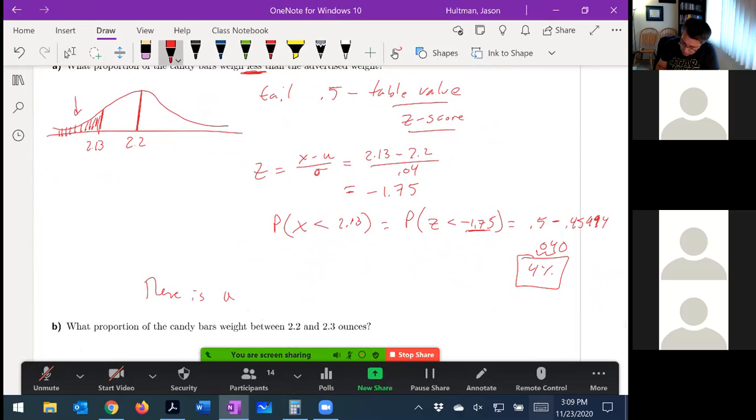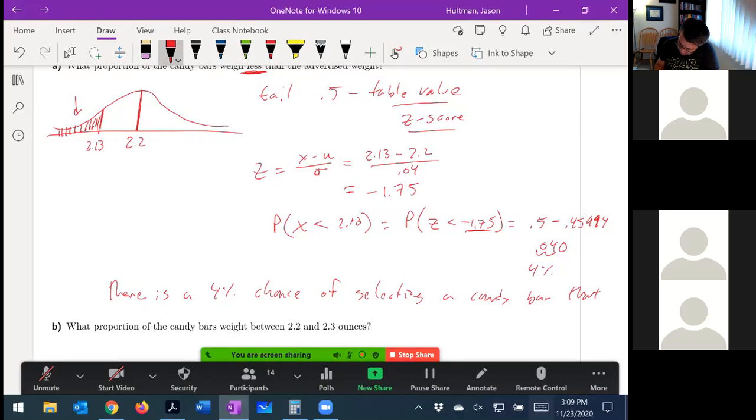What is this 4% referencing? This is a word problem. You have to have words in your answer. This is not your answer. Your answer is there is a 4% chance of selecting a candy bar that does what?